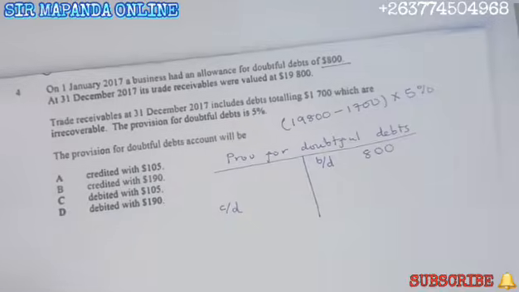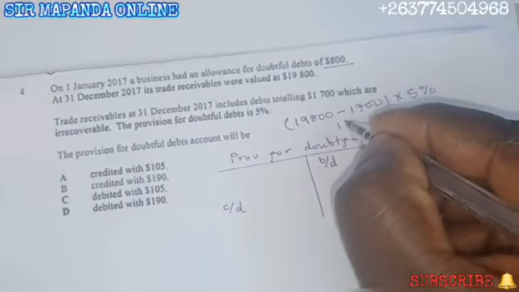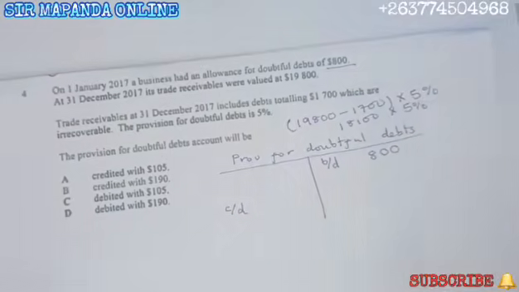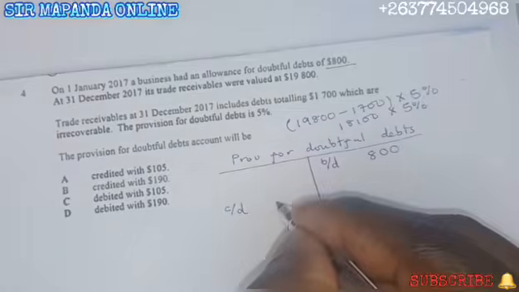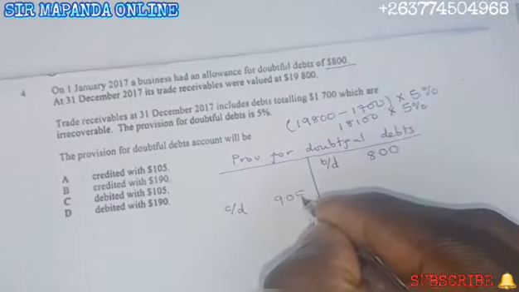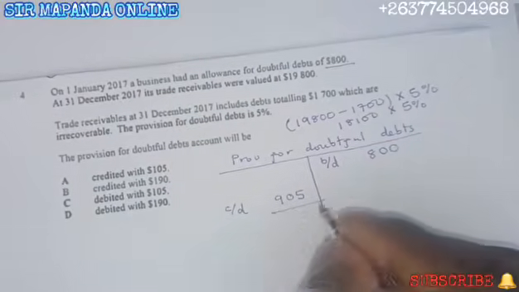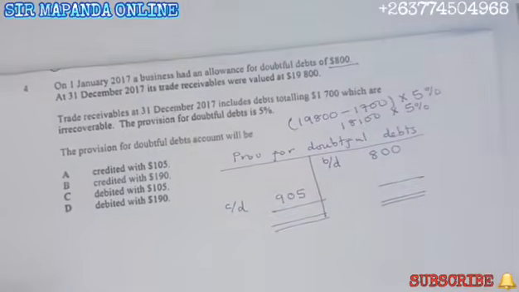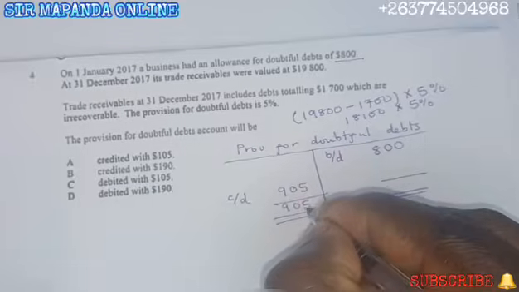So 19.8 minus 1.7, you get 18.1. Then multiply 18.1 with 5%. You get 905, which is going to represent your balance CD. Then you put the totals. You can notice that the debit side is bigger than the credit. So in the totals, I'm going to put 905.